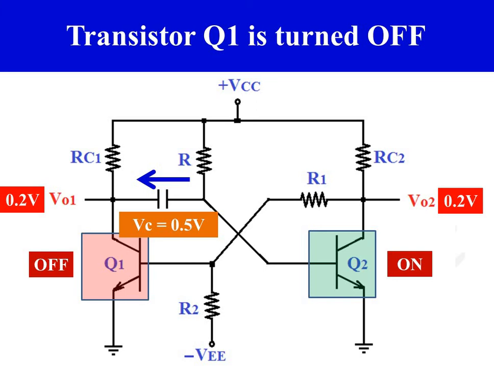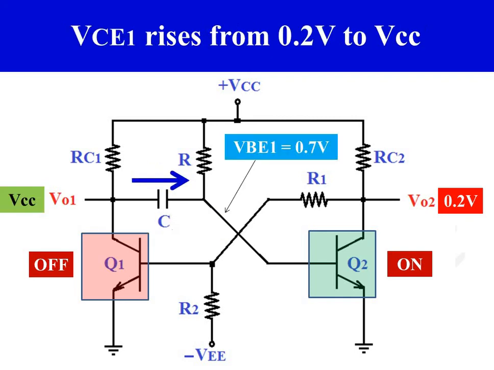As transistor Q1 is turned off, collector voltage of transistor Q1 rises from 0.2 to VCC. Collector voltage of transistor Q1 is equal to VCC, which is sufficient to keep the base emitter junction of transistor Q2 in the forward biased condition.